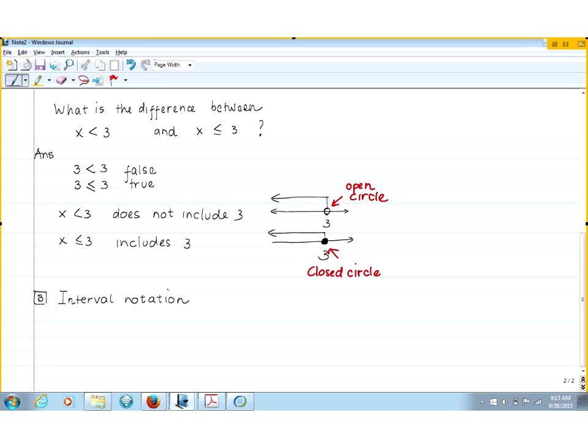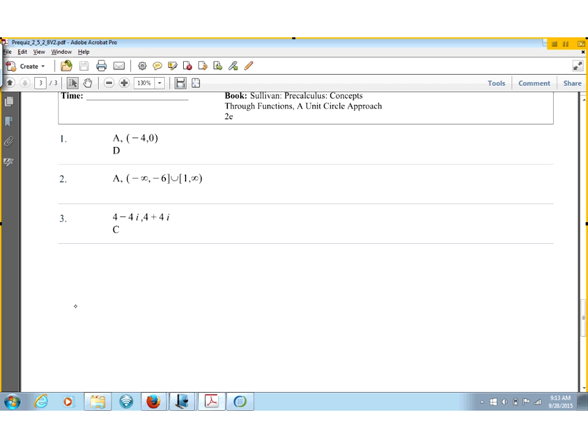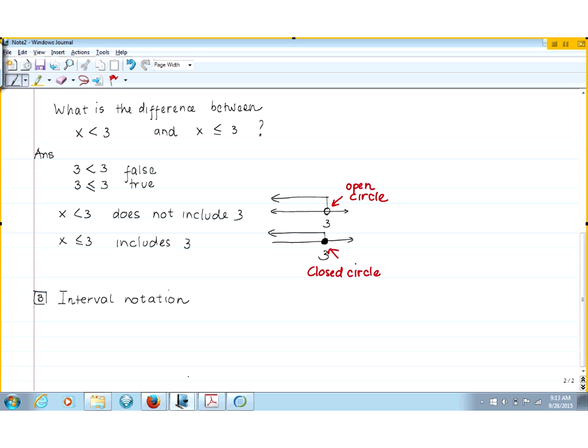All right. So before we talk about set builder notation, which is almost the same as the inequality itself. So what's the rule for interval notation?